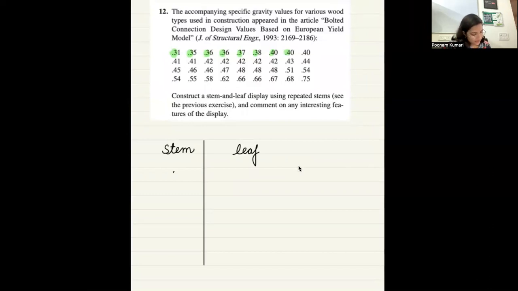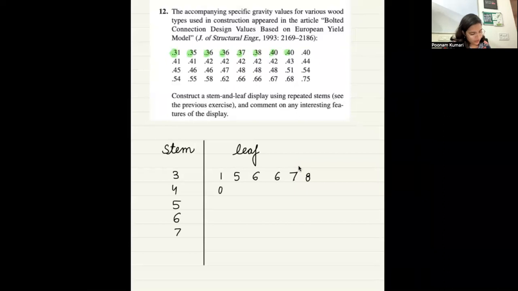Yes. 3, 4, 5, 6, 7. That's all, right? And what are your leaves? So all these numbers are written in ascending order only, so it's very convenient for us. So we'll just write 1, 3, 1, 5, 6, 6, and 7, right? And 8 also. So 1, 5, 6, 6, 7, and 8.